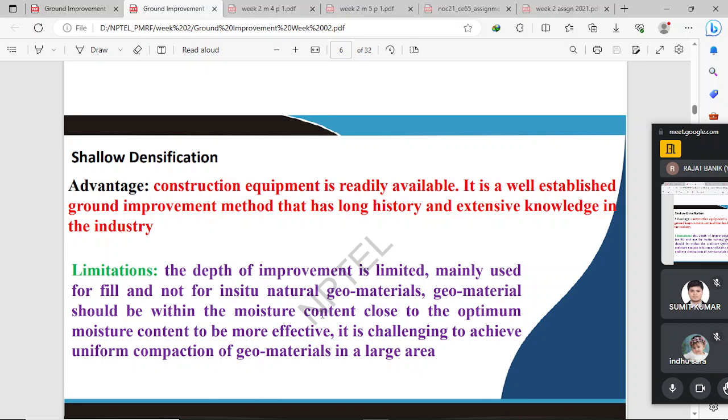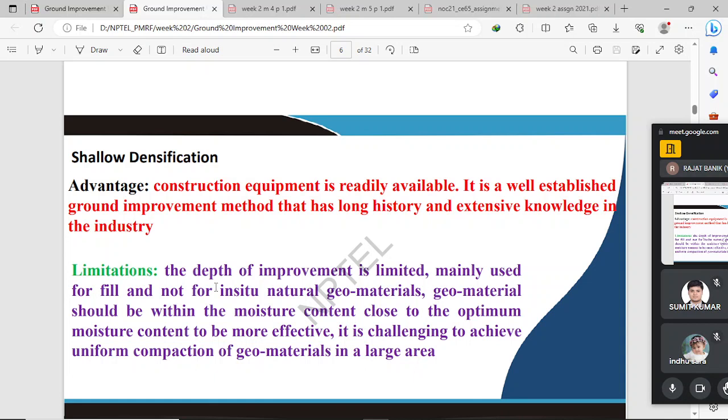This construction equipment is very good, but here are some limitations. In shallow densification we improve the ground up to sometimes 3 meters, sometimes up to 0.5 meter. It depends upon the different types of shallow densification techniques. So it is not quite good for deeper improvement of the ground.